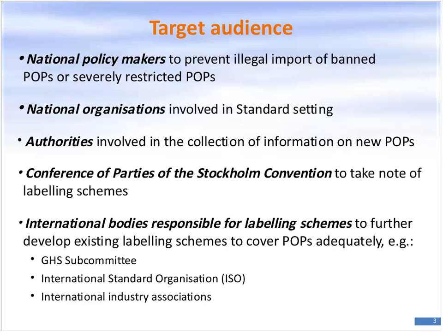Authorities involved in the collection of information on new POPs within the country could use a labeling scheme. The Conference of the Parties should take note of these labeling schemes, and there are international bodies that work on labeling schemes and could further develop this, like the GHS, Globally Harmonized System, Subcommittee, the International Standard Organization, and international industry associations.